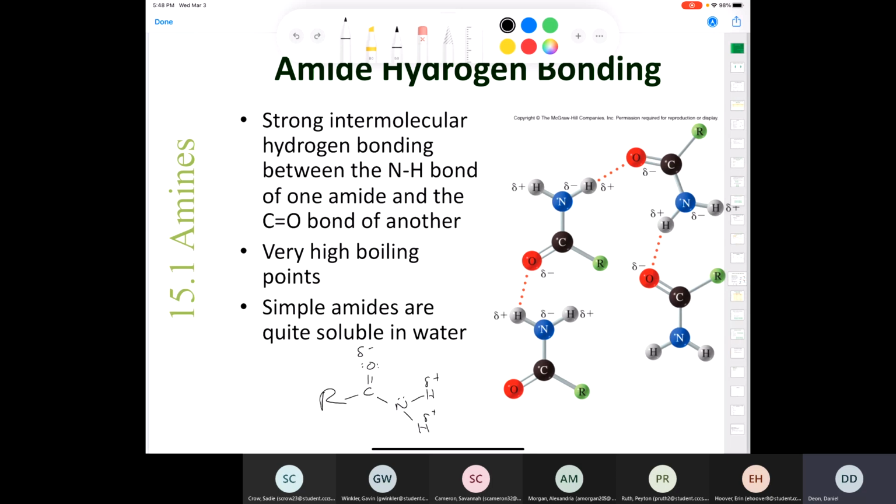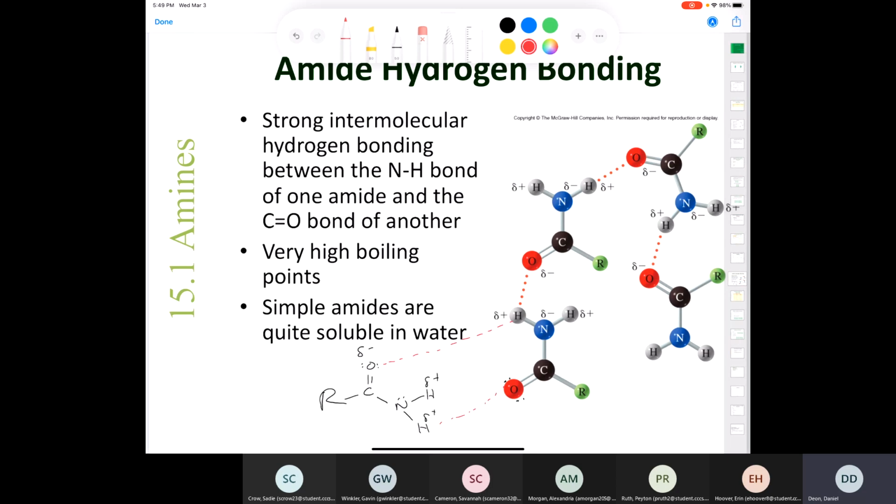And so if we draw the lone pairs in on, let's say, this oxygen here, we could draw another hydrogen bond, right, like this, okay? All right, we could draw another hydrogen bond like this. Anyhow, so the hydrogen bonds are going to be between the nitrogen-hydrogen bonds of one amide and the carbonyl of another.